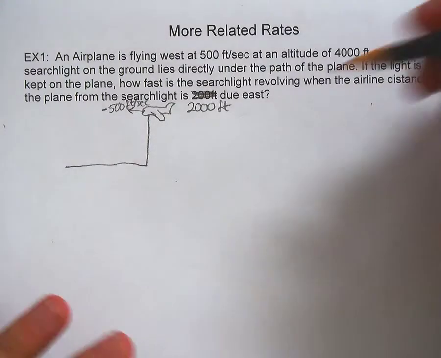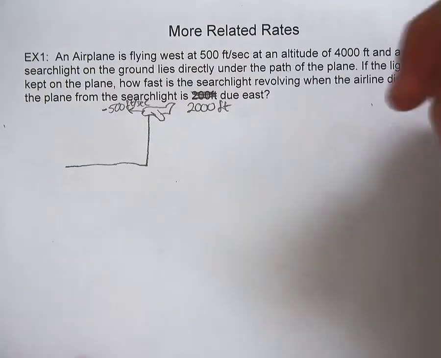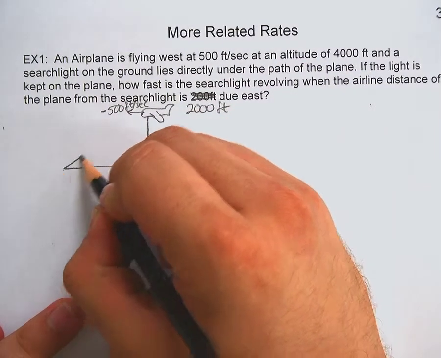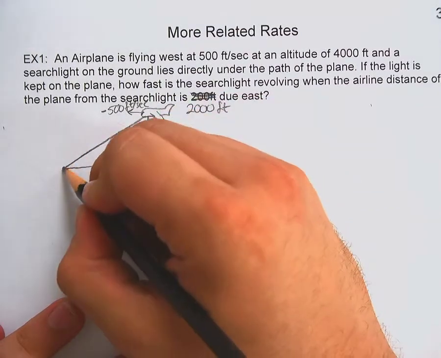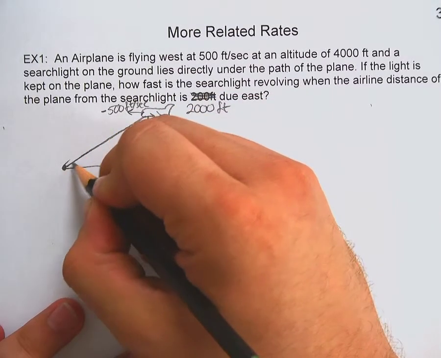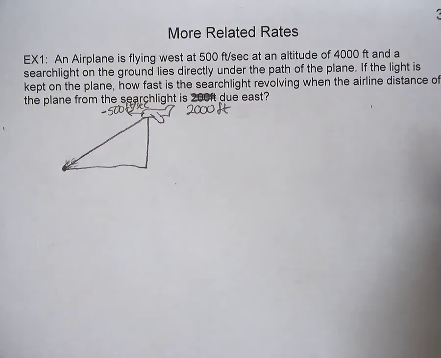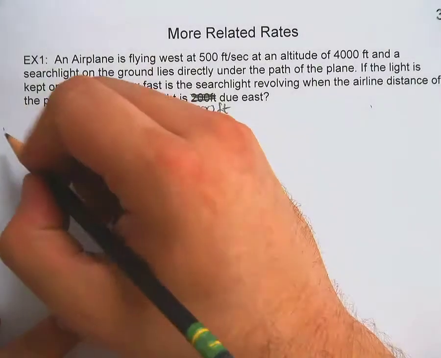Okay, these numbers are getting a little bit big. So I'm going to knock these down, and I'm going to say that here's my searchlight, my ball of fire. I'm going to put this in terms of thousands.